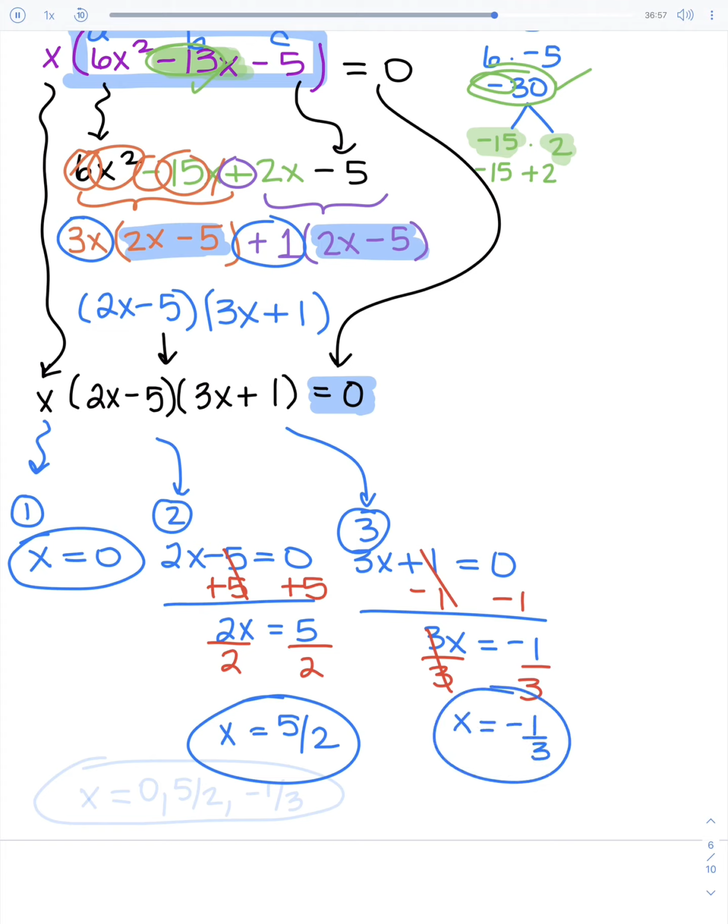And again, the idea here is we're getting three answers: x equals 0, 5/2, or negative 1/3. All three of these solutions make your equation equal to 0. And the reason we got three solutions is because the highest exponent in our equation was a cubed.